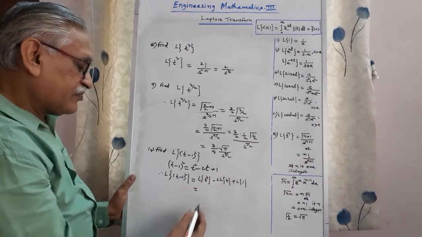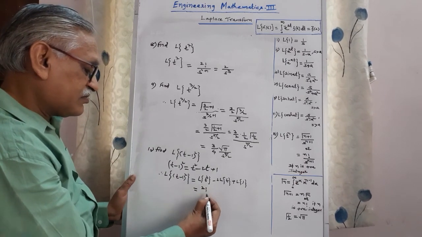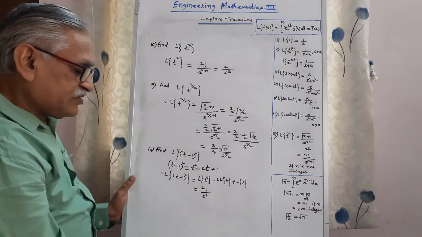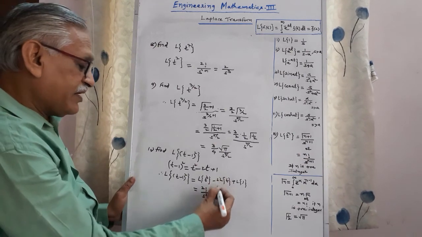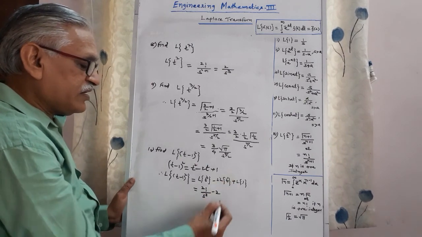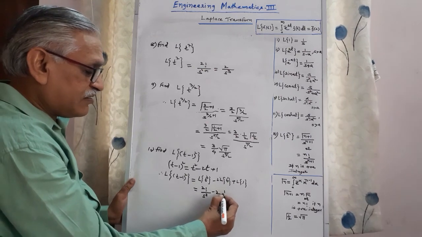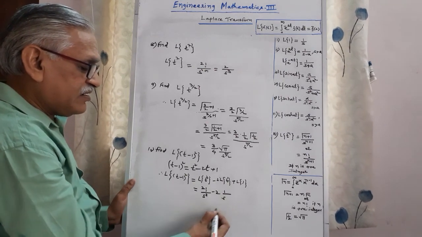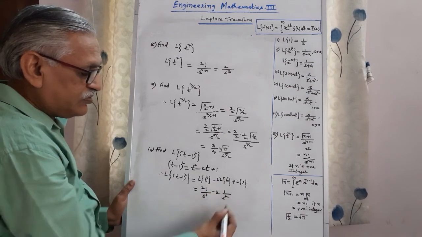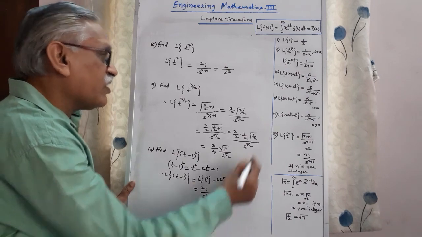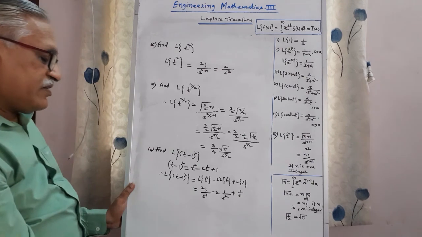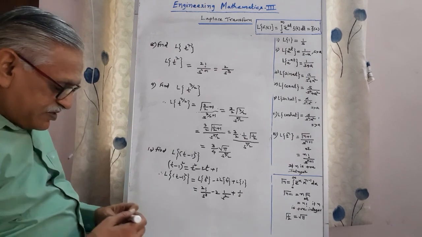Therefore, using this, it is 2 factorial divided by s raised to 2 plus 1, it becomes 3, minus 2. Laplace of t is, again here n is 1, 1 factorial divided by s raised to 1 plus 1, 1 plus 1 we get 2, and Laplace of 1 is 1 by s. This is the required Laplace transform.